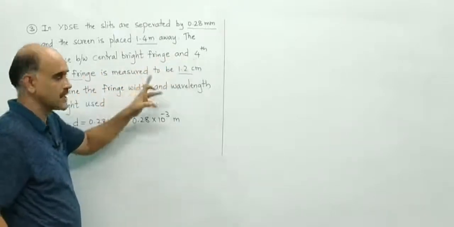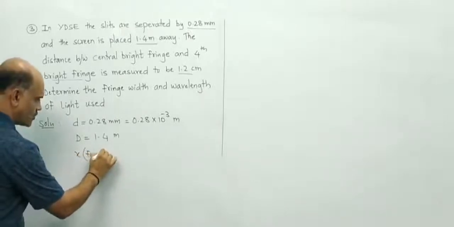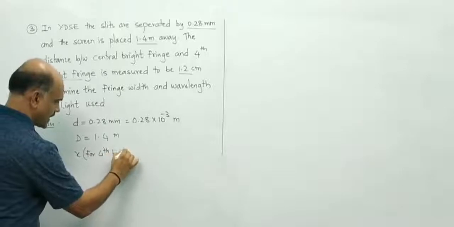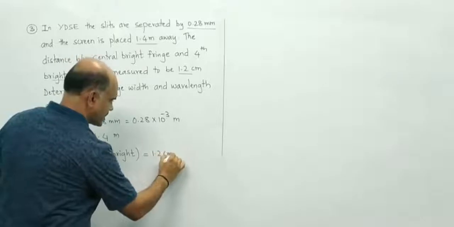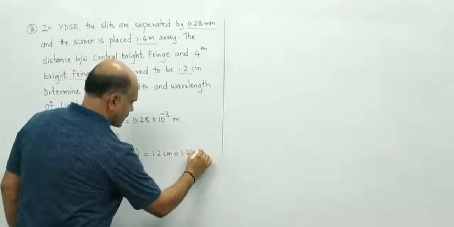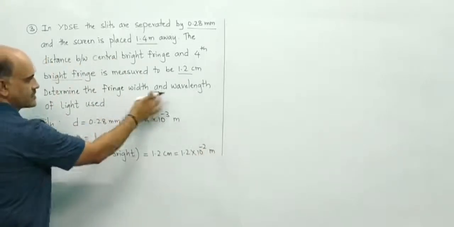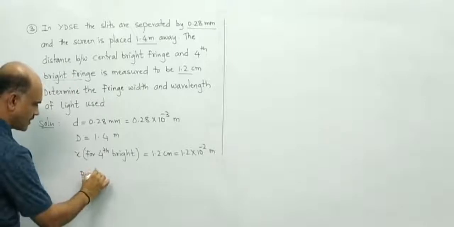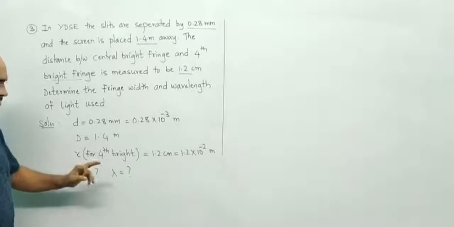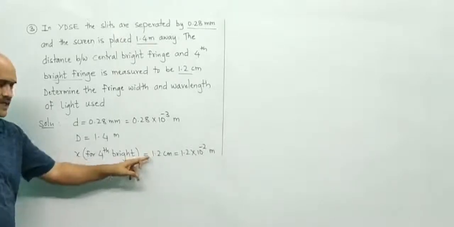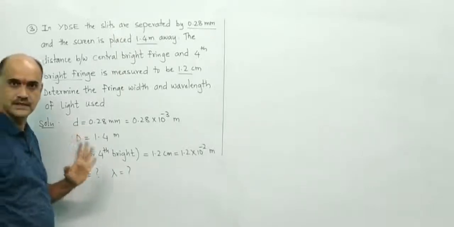Distance of fourth bright fringe from center he has given, x for fourth bright is 1.2 centimeters, that is 1.2 into 10 raised to minus 2 meters. Beta and lambda you are required to find. So first we will find lambda. Then using lambda, small d and capital D you can calculate beta.